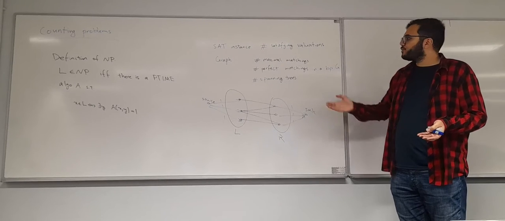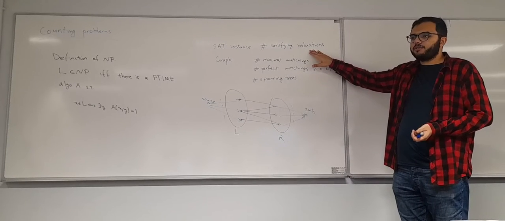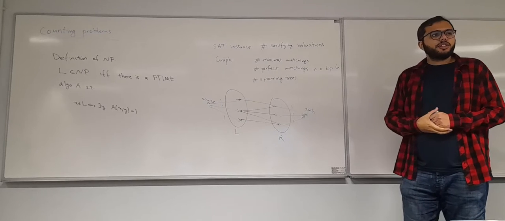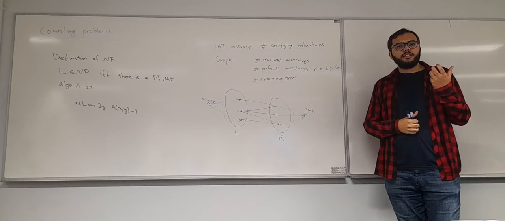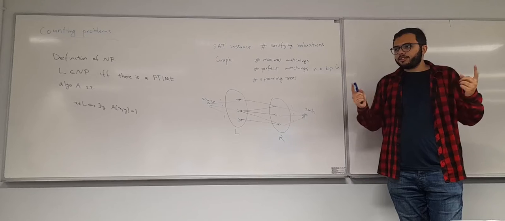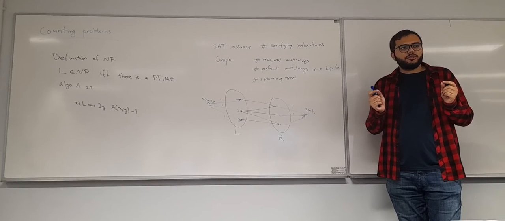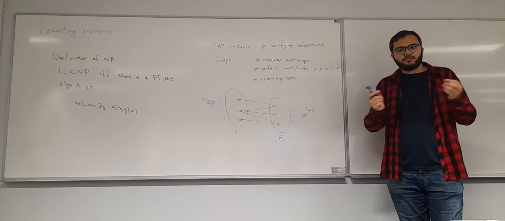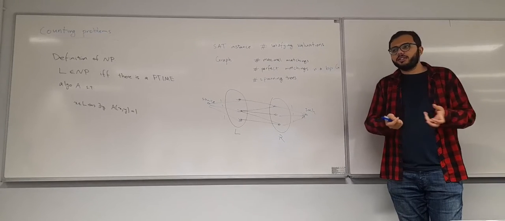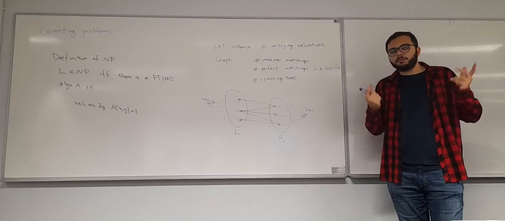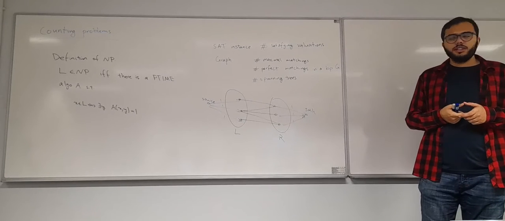So I will have 2 to the power of n satisfying valuations. If I just ask you how many there are, you can write this number, and it's a number between 0 and 2 to the power of n. So you can write it with an output size of O(n). You need n bits in your output, maybe n plus 1 bits, right?